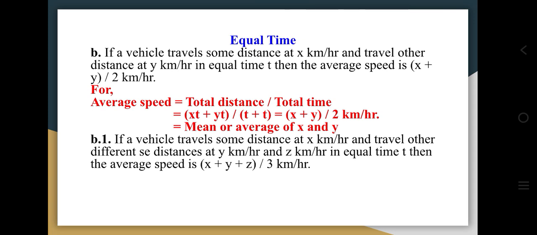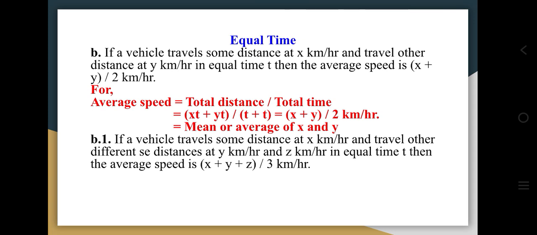Distance is speed into time. So the first distance covered is x into t, xt. The second distance covered is yt. So the total distance covered is xt plus yt.